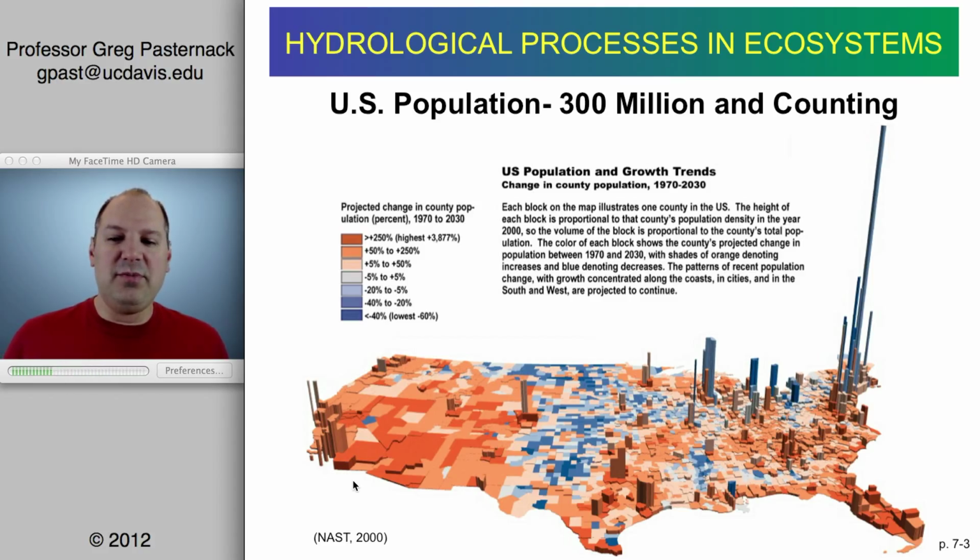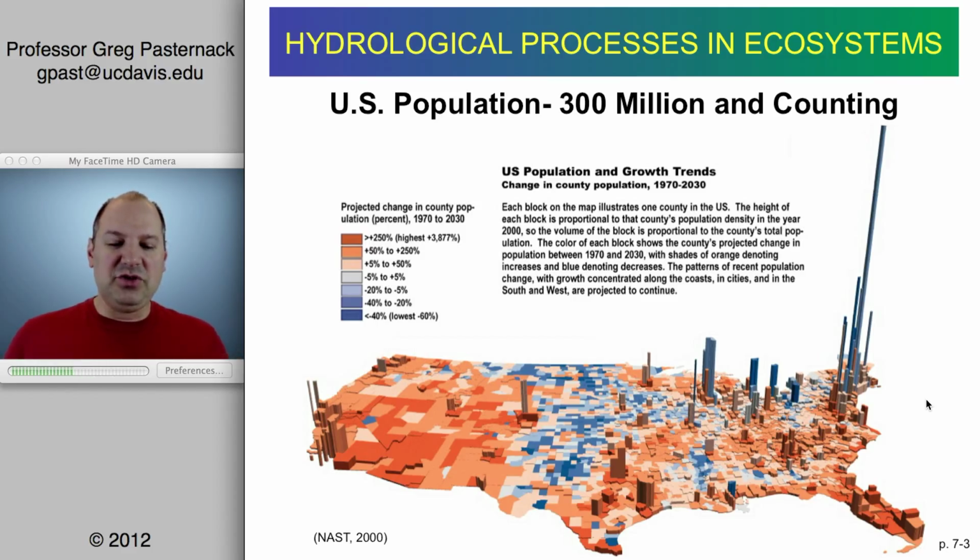More than 50% growth rates are taking place. On the other hand, areas just east of the Rockies, here in the middle of the U.S., and in the northern states and northeast are seeing population declines anywhere from 20 to 60%.